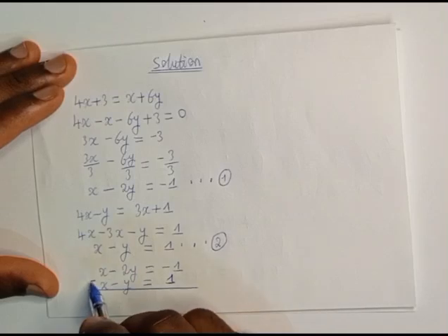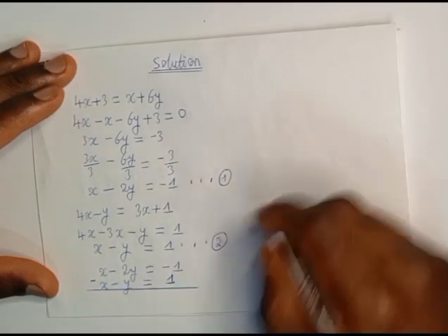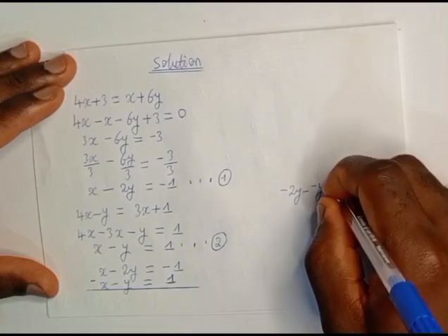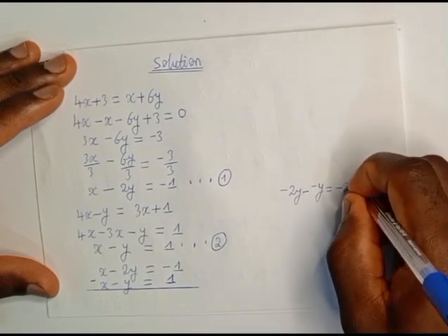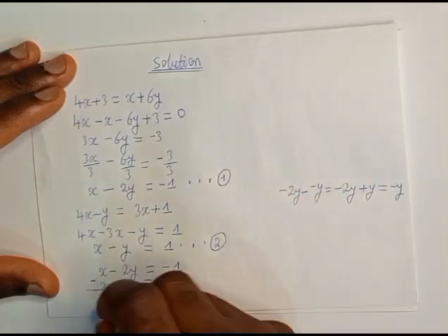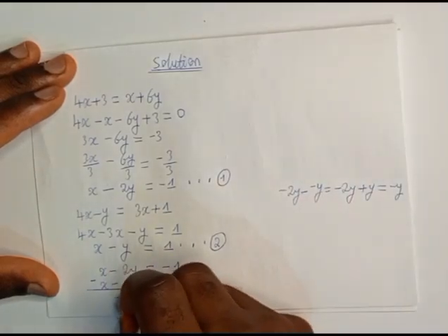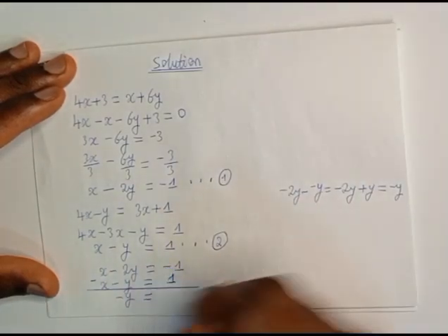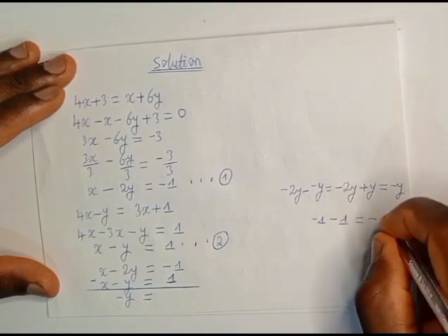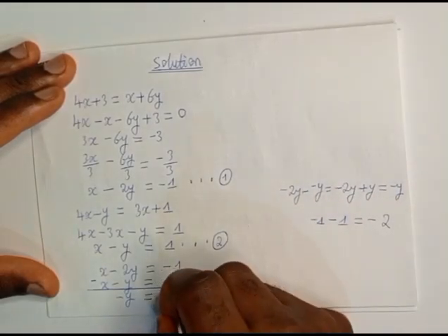Negative 2y minus negative y simply equals negative 2y plus y, which is simply equal to negative y. This will give us negative y equal to negative 1 minus 1, which is equal to negative 2.